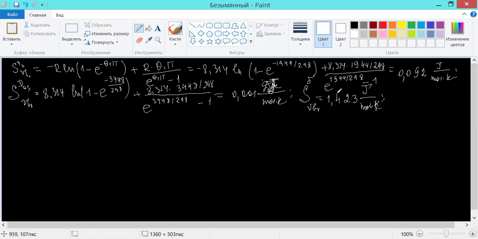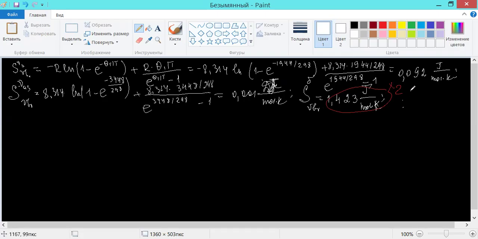Now remember to multiply this by 2, because I want to emphasize that the degeneracy for this vibration is equal to 2.